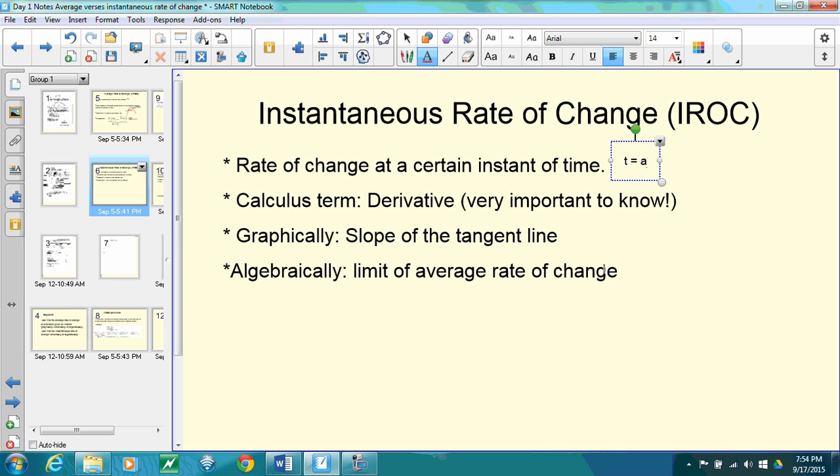So t equals A or t equals C. The calculus term is called the derivative, and we're going to talk about that pretty much until January. So it's very important that you know the term derivative. Graphically, it's the slope of the tangent line. So that's what that first worksheet was about. And algebraically, it's the limit of the average rate of change.